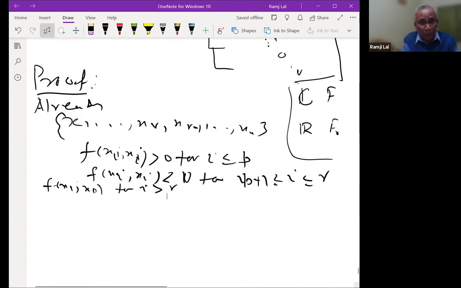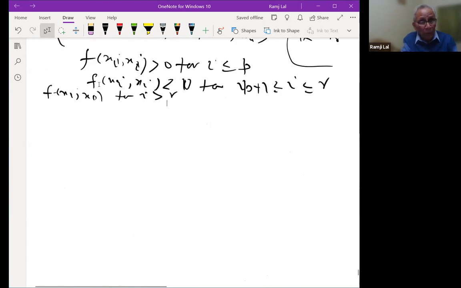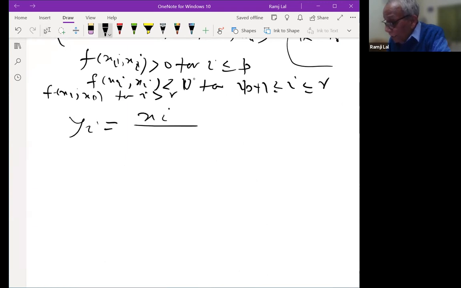Yes, so that is there. So then what you can do here is take yi to be xi upon the square root of the modulus of f(xi). Sometimes it may be negative also, and it may be positive also.